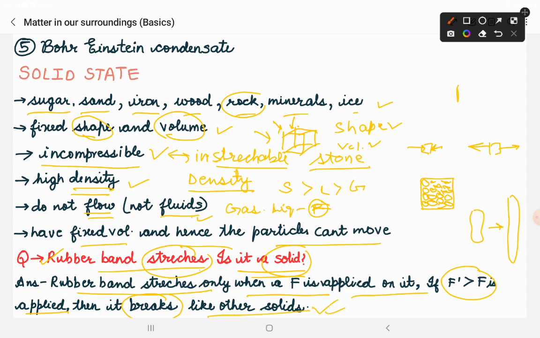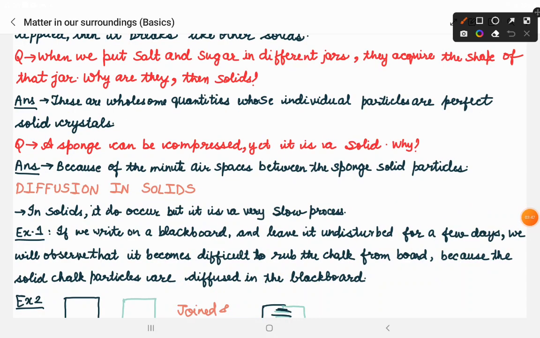You know that if we apply more and more pressure, a time will come when this solid will break. Similarly, this rubber band will also break. It shows that a rubber band is a solid. The next question is, when we put salt and sugar in different jars, they acquire the shape of that jar. Why?